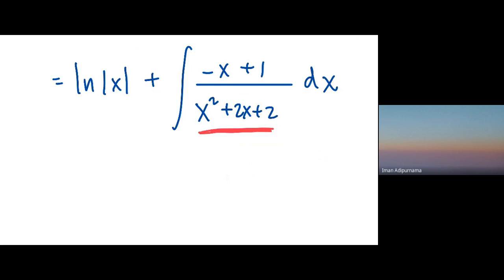If we have x squared plus 2x, it should be plus 1, right? So let's do that. This will be x plus 1 squared, so plus 1. Now we have x plus 1 squared plus 1 for this bottom part.